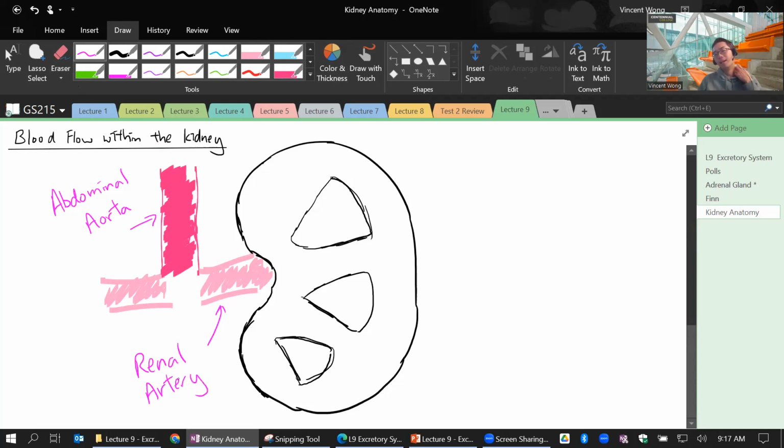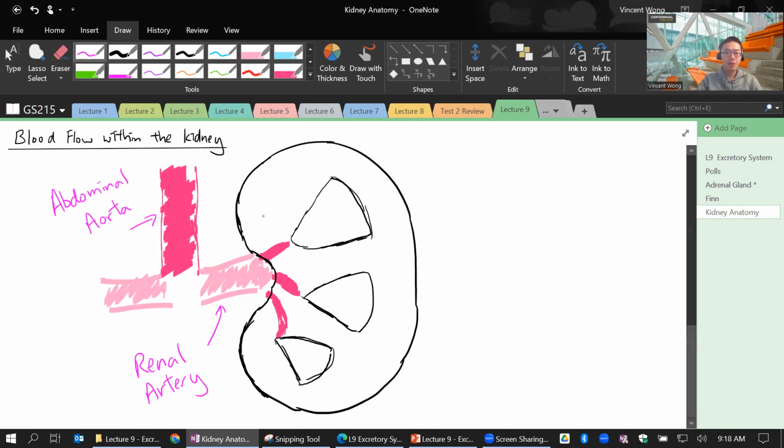All right. And then it gets all weird. Of course, the renal artery is going to enter the kidney through the hilum, and as soon as it goes inside, it's going to branch into these smaller ones. When you draw it, make sure you go to the renal papilla, to the tip. So they branch into these smaller ones.